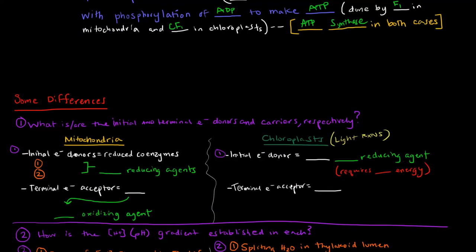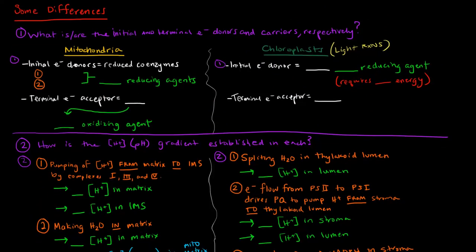Some differences about them, though. What are the initial and terminal electron donors and acceptors, respectively, in both cases? In mitochondria, the initial electron donors are reduced coenzymes, and if you recall, those are NADH and FADH2.